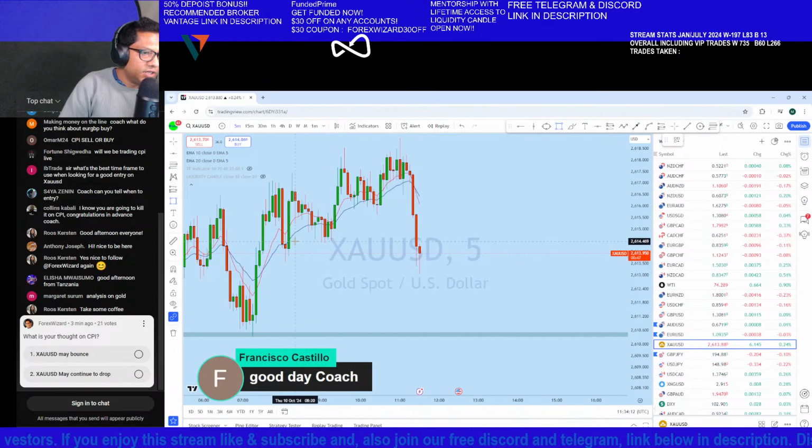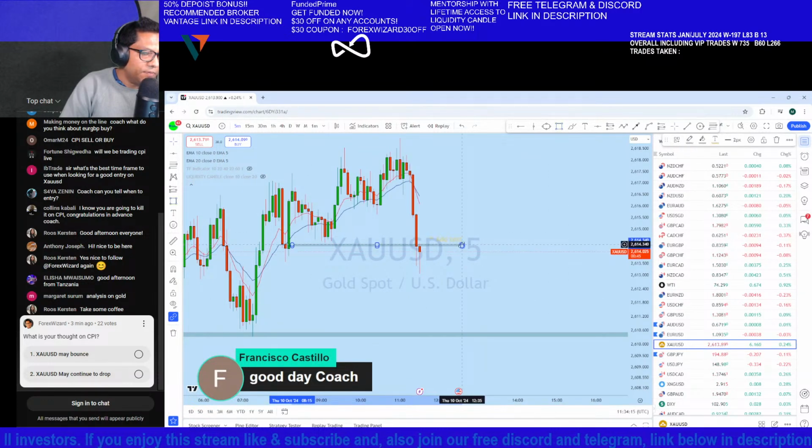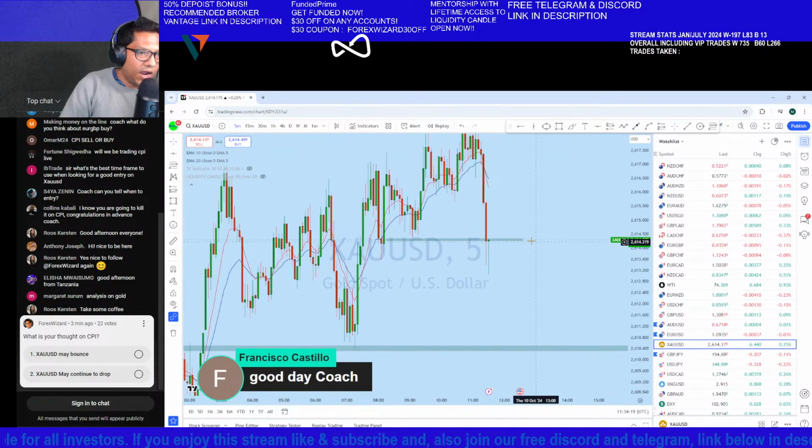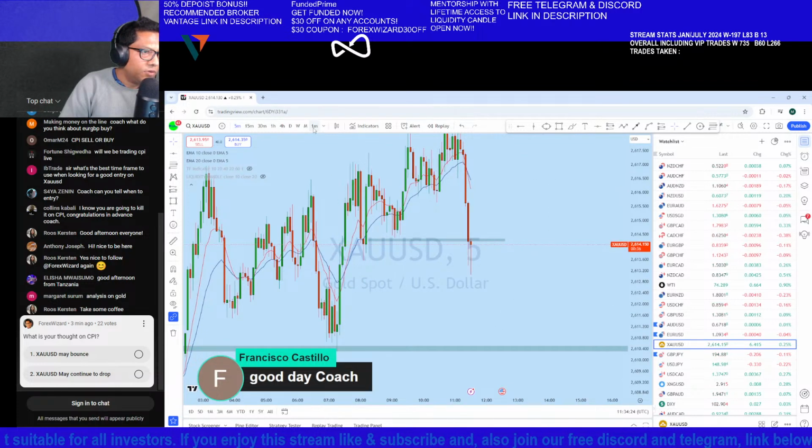Looking at this, suddenly we have seen a break of structure here, and with that we might see the price breaking below that level on the lower time frame.